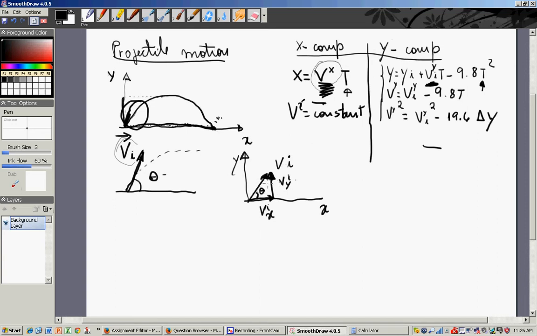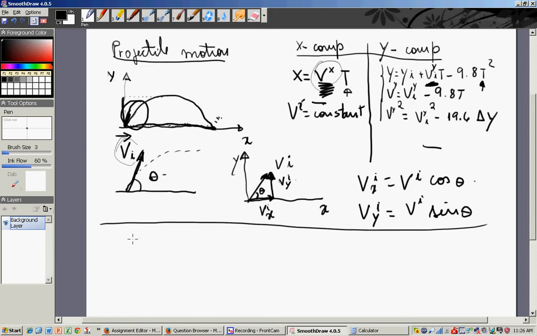So here is your Vx initial, and this upward vertical vector is your Vy initial. From trigonometry, what did we learn? Well, we learned that Vx initial is equal to V initial cosine of that angle theta, and Vy initial is equal to V initial sine of theta.